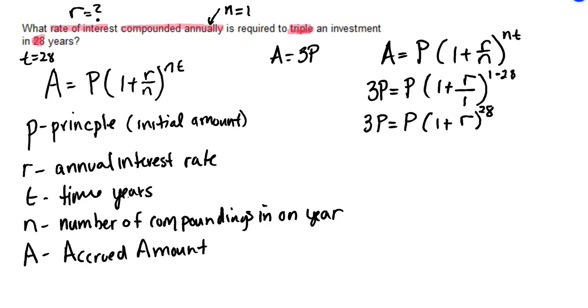Now to solve this, I can divide both sides by P. That's going to cancel out the P on both sides, leaving me with 3. On the right, I'll have (1 plus R) to the 28th. Now to solve this, I could take the 28th root of both sides.